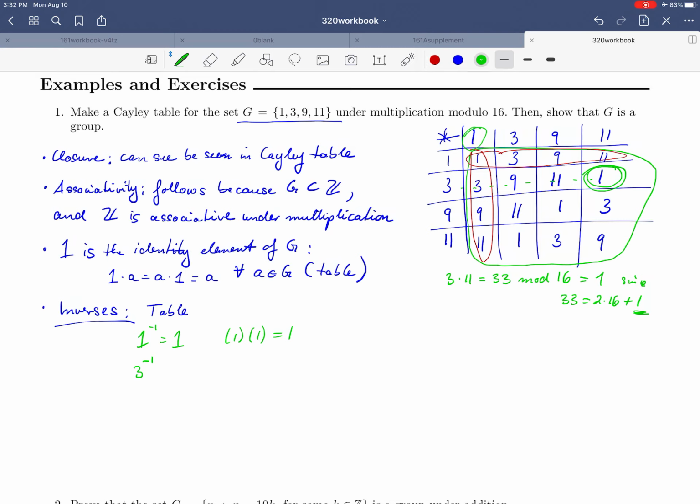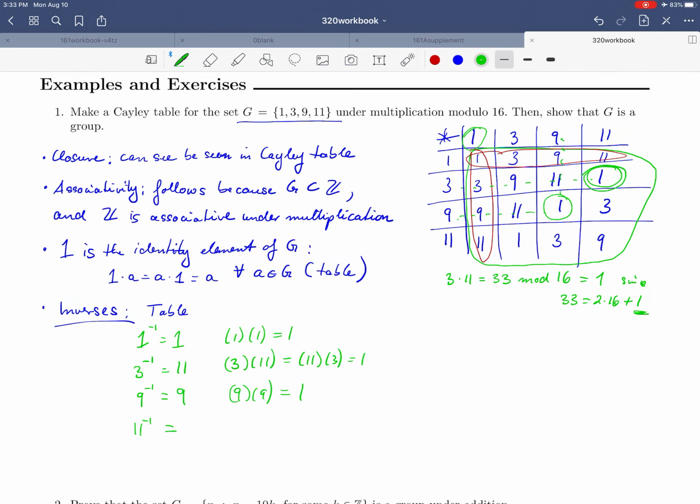What do I have to multiply by 3 to get 1? It looks like it's 11, because 3 times 11 is the same as 11 times 3, which is equal to 1. And in the same way, you can convince yourself that 9 inverse is, let's see, we go to our table and we see that that is 9. Again, 9 times 9 is equal to 1.